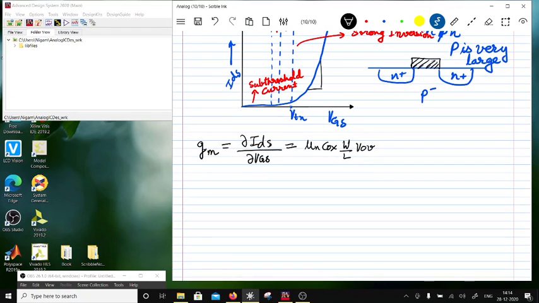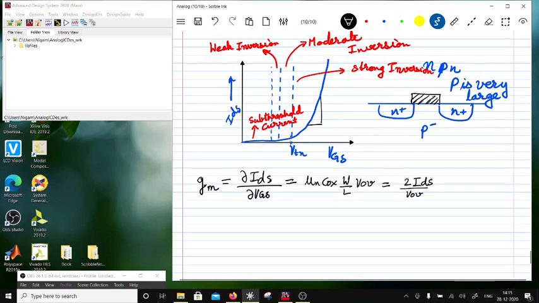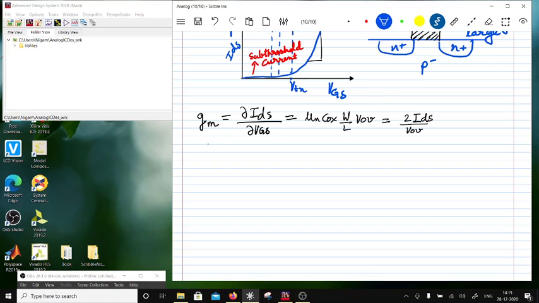Okay, so this can also be written as, if I multiply with 2 and divide by 2, this will become a current. ID divided by VGS minus VT. So that would be the relation. So this is the transconductance of the device, the slope of this transfer characteristics. That's called transconductance.